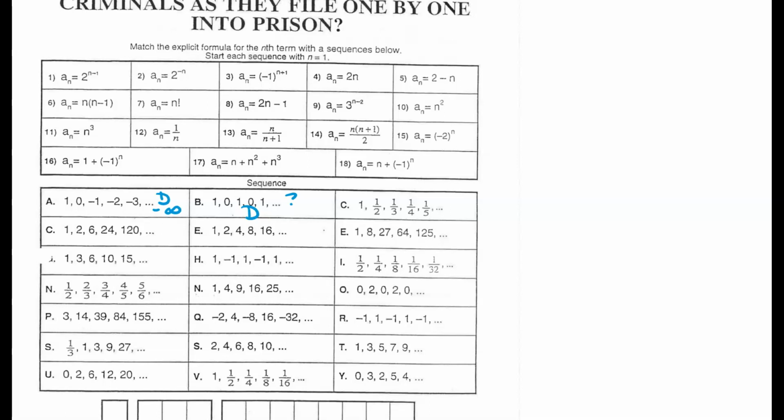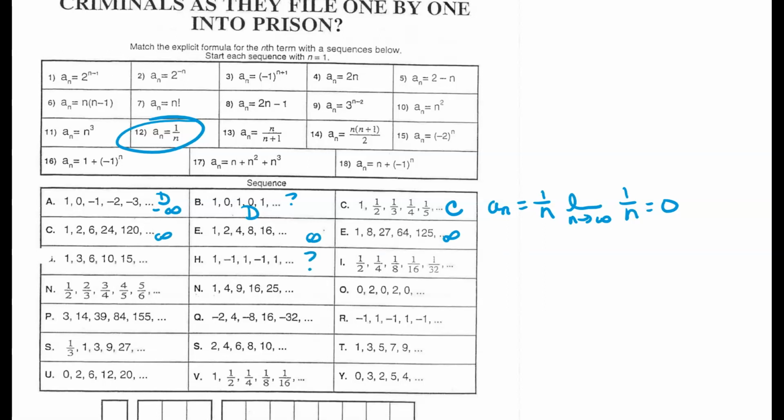If we go up here and find C, C is defined as a sub n equals 1 over n. And if you take a limit as n goes to infinity of 1 over n, you do indeed get 0. So this one converges to 0. Then we get a lot of infinity, infinity, infinity, and so on.